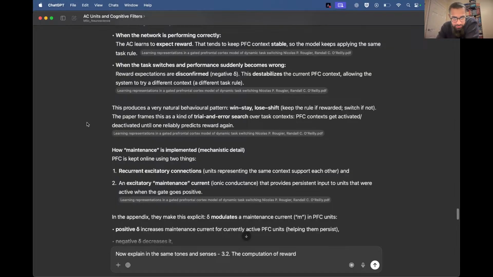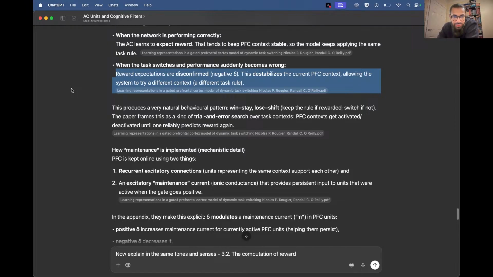When the network is performing correctly, the AC learns to expect reward, which tends to keep the PFC context stable, so the model keeps applying the same task rule.